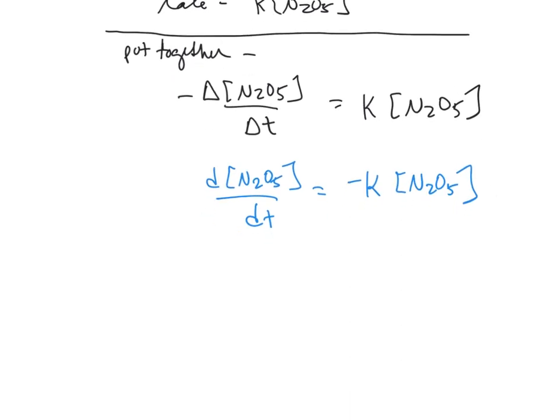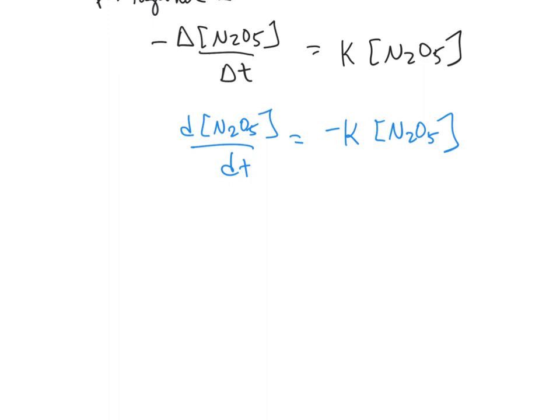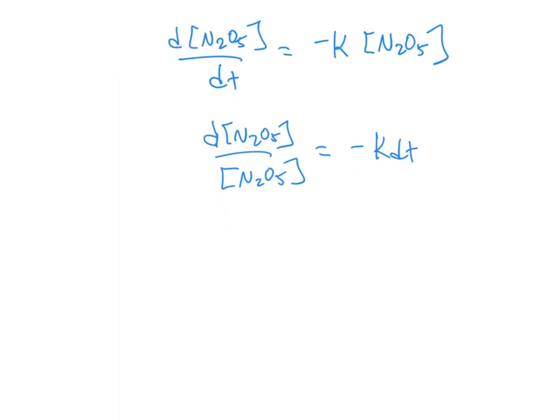The next step is to separate the variables. We want to put everything with N2O5 on the left-hand side and everything with time on the right. So d[N2O5] divided by the N2O5 concentration is negative k dt. The next step is to integrate that, using our integral signs.